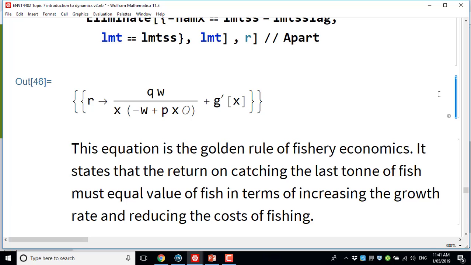So that's why we have this relationship here. R is equal to these two terms. So what are these two terms?